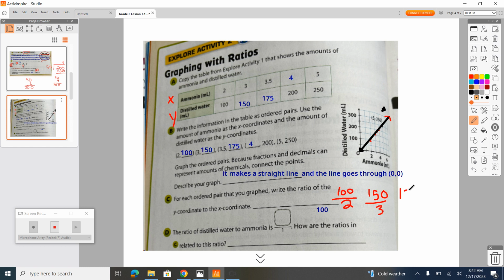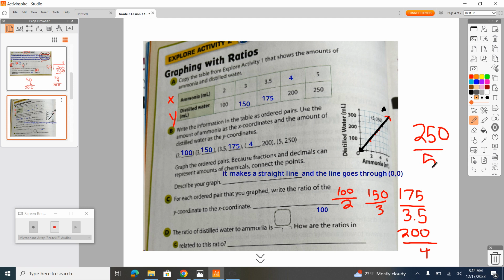I know I'm moving slow, but I expect you to be writing this. When your teacher checks, you should have all of this filled out. 200 over 4. And this would have been neater, but I'm running out of room here. 250 over 5.